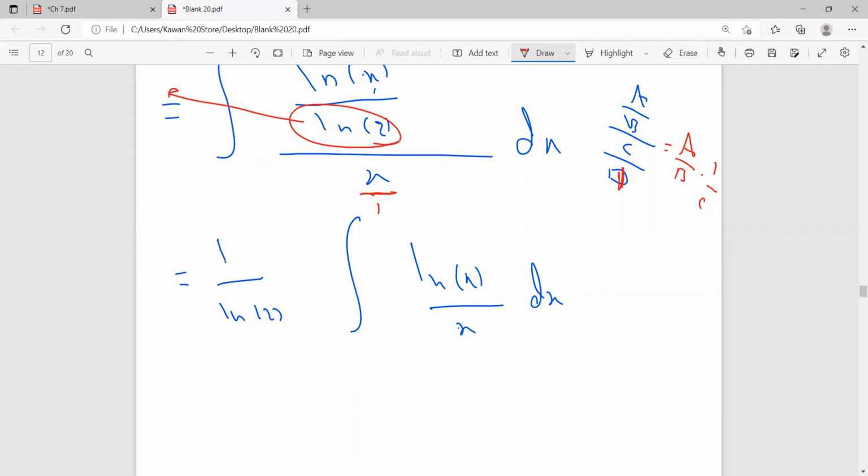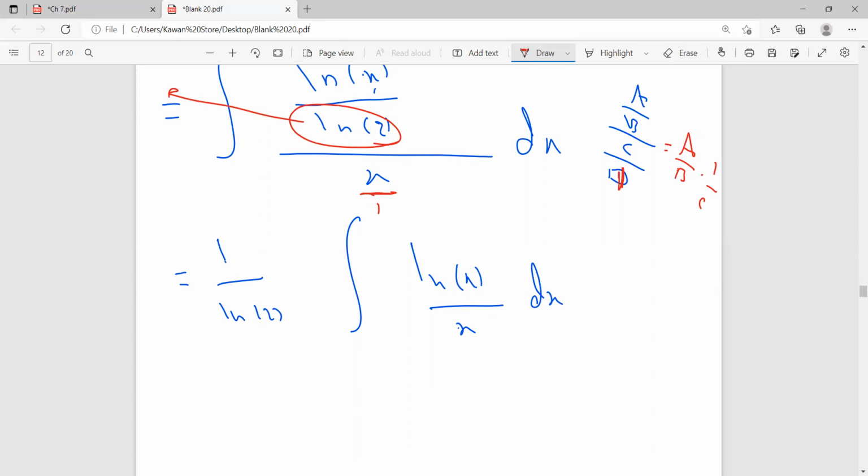Am I right? That's why Ln of x and x remain. Question? No? Good. So how do we solve that one?